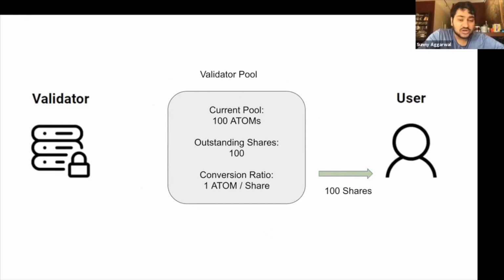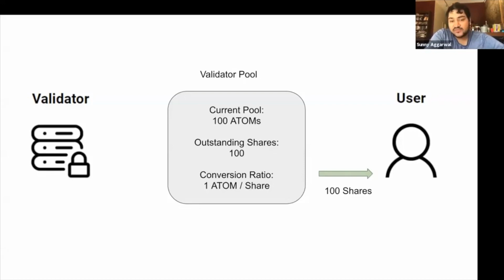But the main change we're making here is that right now, each delegator's shares is just a number accounted for in the state of the staking module. Instead, it would actually be a token that's returned to the user. So now they have 100 shares of that validator.